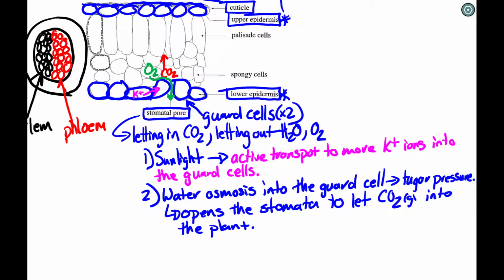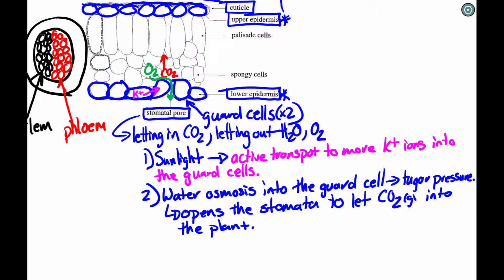So again, what happens is the sunlight hits the leaf, stimulates the cells to pump potassium into the guard cells by active transport. Naturally, water moves by osmosis into those guard cells because there's a higher concentration of solutes in the guard cells than outside. That causes them to firm up and open.